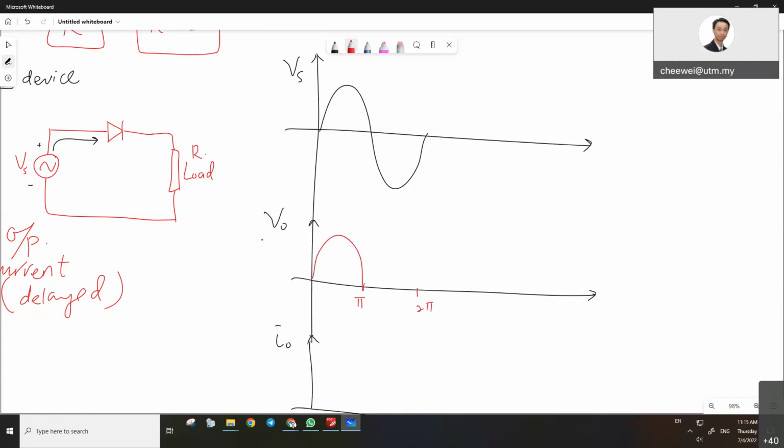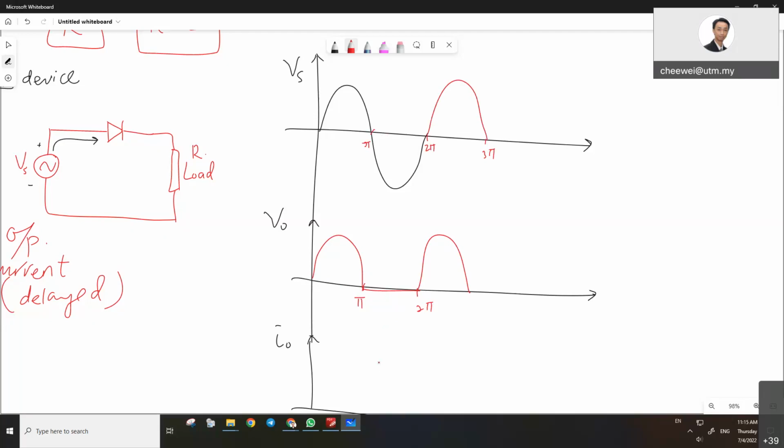Yes, because it is forward. And then during the negative half cycle, do we get the output? Nope. And then it repeats, right? After the 2 pi, and then you have 3 pi if the cycle repeats, yeah?